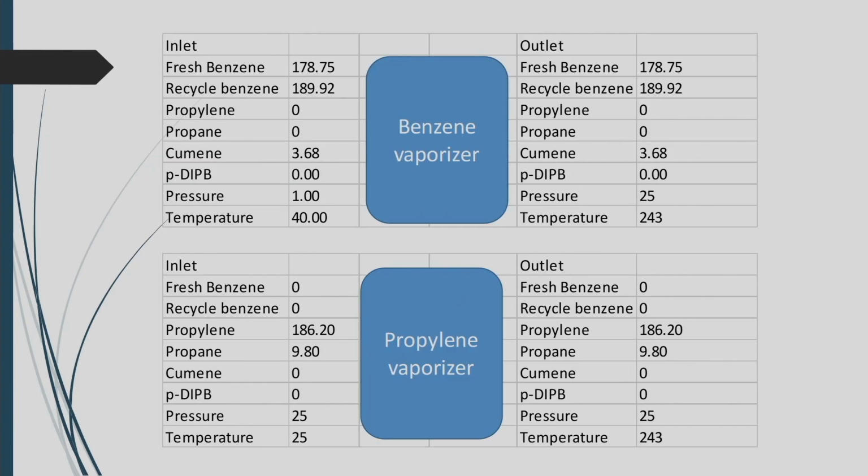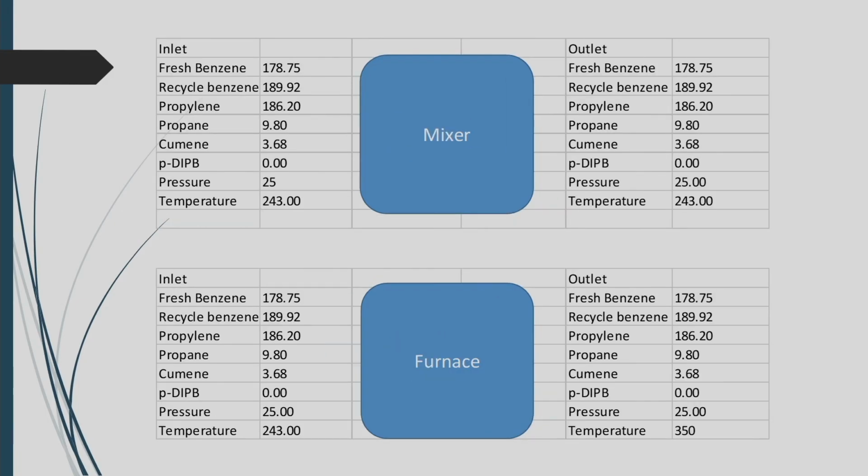So, it is given. Similarly, for the benzene vaporizer and propylene vaporizer, the different inlet and outlet compositions are given. According to that calculation, the same has already been discussed in detail in the previous lecture. So, here it is just summarized. These are the things for the mixer, and for the furnace also it is given.